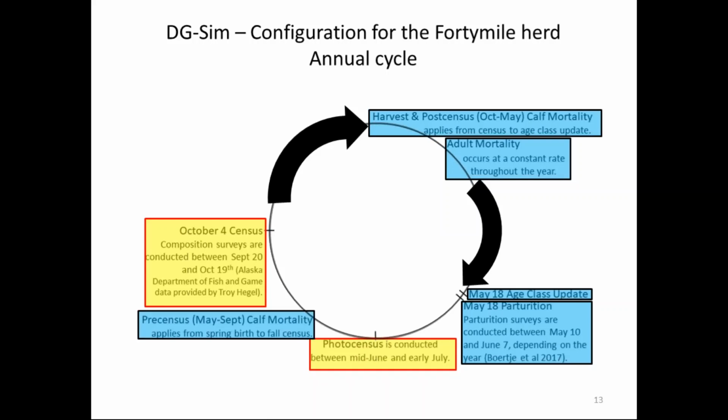And then between the time of parturition and the October 4th census, we apply mortality to calves. And for that time period, the mortality rates are quite high for calves. So then back on October 4th, we output the number of individuals that are in each age and sex cohort. And whenever I show outputs for the model, those are based on October 4th dates.